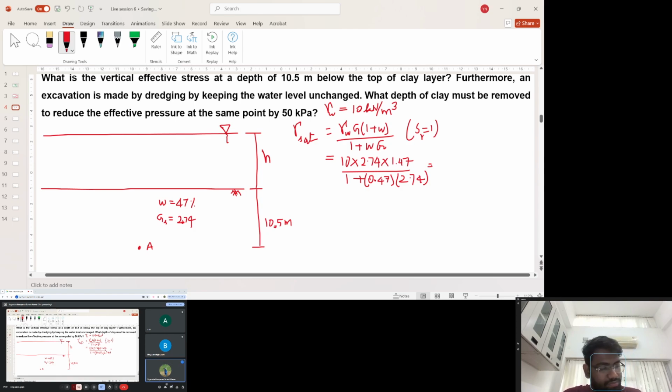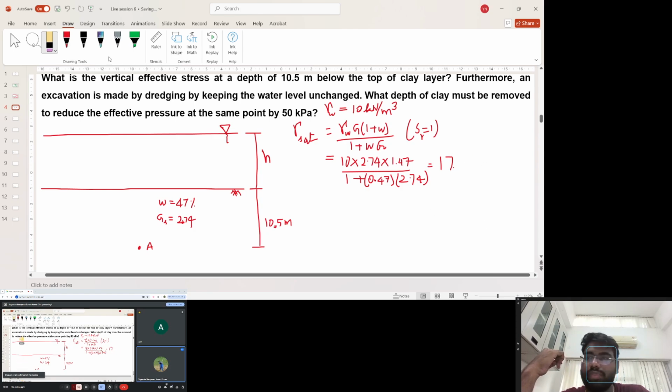Gamma sat is approximately 17.61 kilonewton per meter cube.